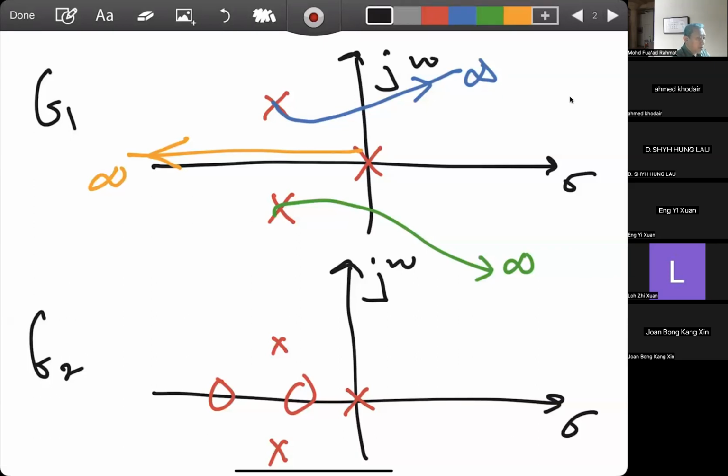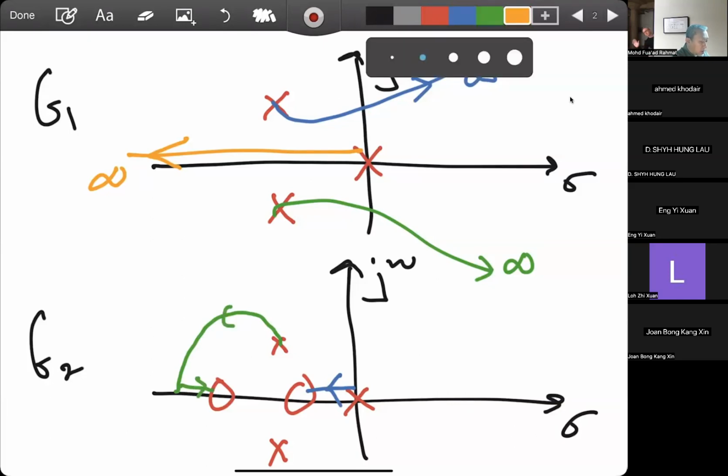Right, so as usual we sketch the root locus path. This one is our root locus going from poles to zeros. And then we have the complex conjugate poles, where this one goes here and ends here.